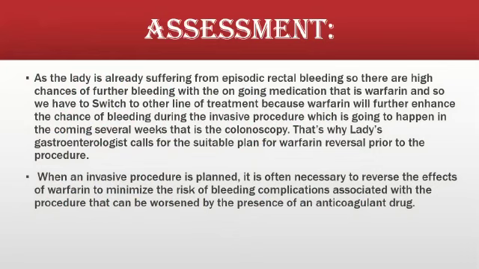As the lady is already suffering from episodic rectal bleeding, there are high chances of further bleeding with the ongoing medication, warfarin, so we have to switch to another line of treatment, because warfarin will further enhance the chance of bleeding during the invasive procedure in the coming weeks. That's why we are called upon to give a suitable plan for the reversal of warfarin prior to the procedure or surgery.